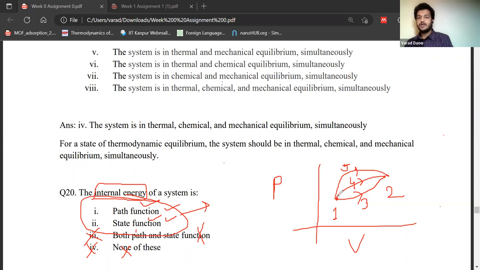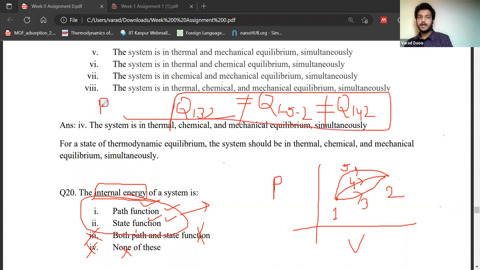For example, let's say q is a path function. So q of 1-5-2 may not be equal to q of 1-4-2, which is not equal to q of 1-3-2. Such properties are called path functions.